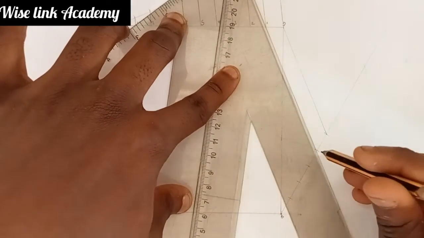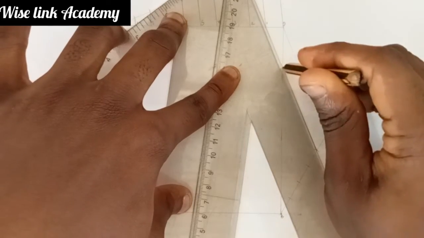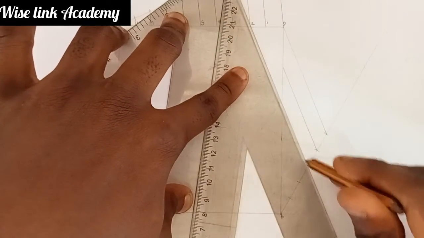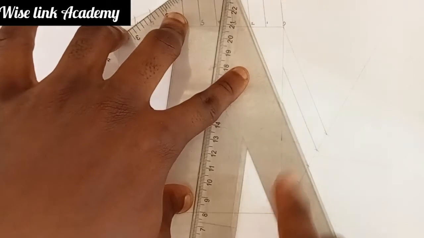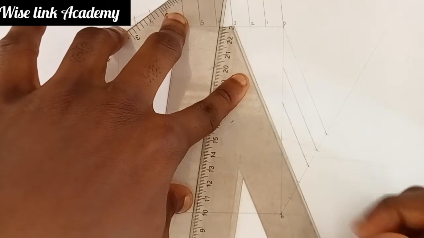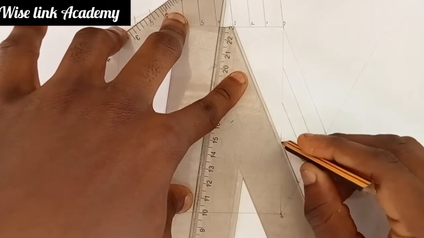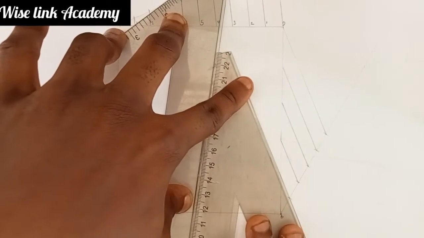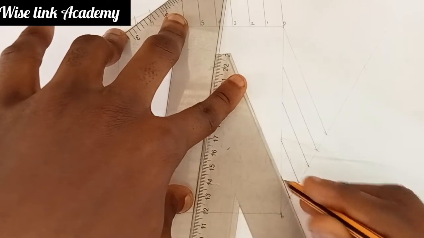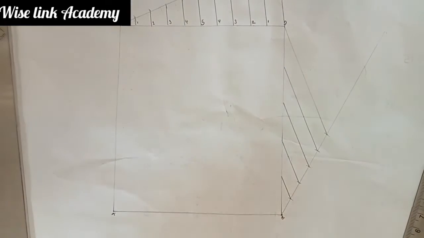Join this to this. Come down, join this to this, as you can see. Coming down, join this to this. On the last one, you join this point to this point.